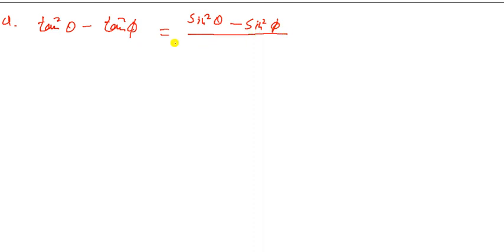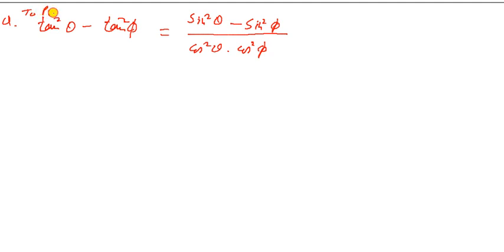Now come to another question. It is tan square theta minus tan square phi is equal to sin square theta minus sin square phi upon cos square theta into cos square phi.